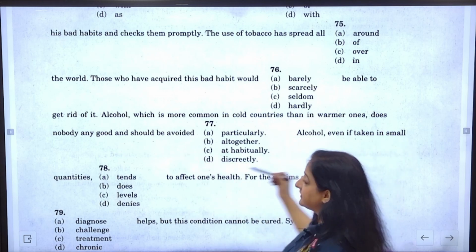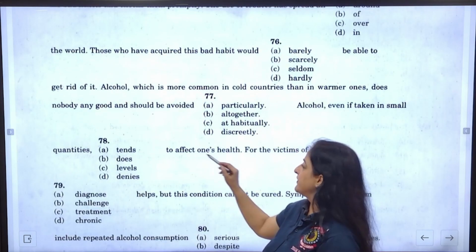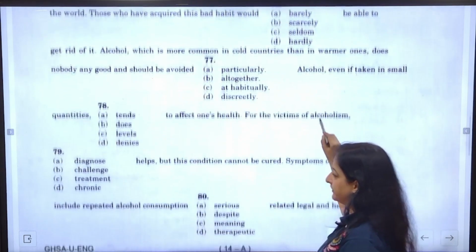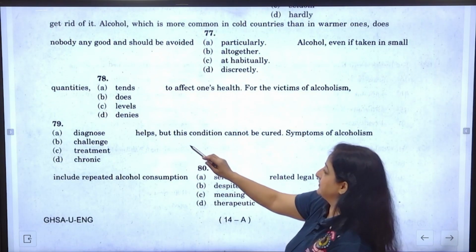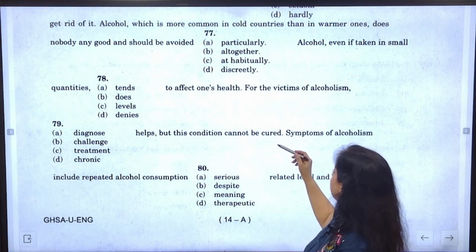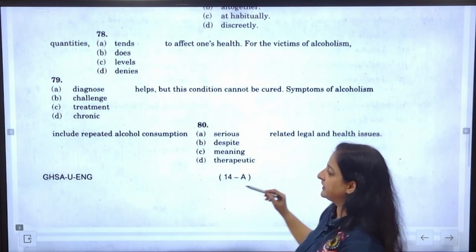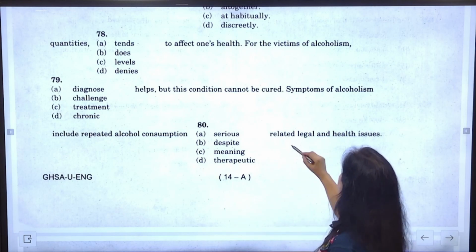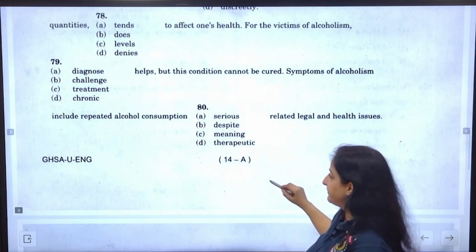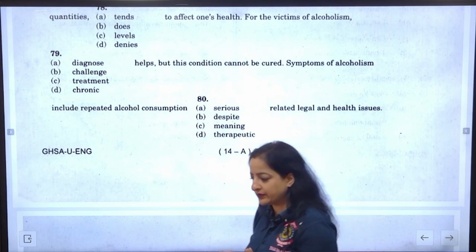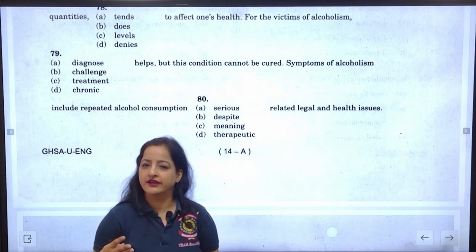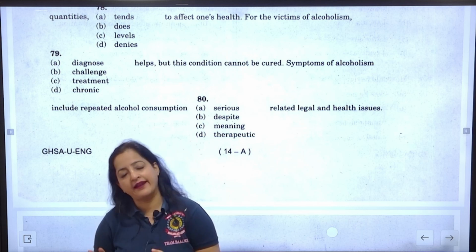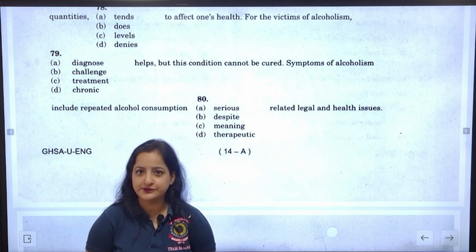Alcohol, even if taken in small quantities, affects one's health. For the victims of alcoholism, helps, but this condition cannot be cured. Symptoms of alcoholism include repeated alcohol consumption, related legal and health issues. That's it. So we do get a fair idea about the context. We get a general idea. It's about alcoholism, bad habits, and this and that. Let's begin.